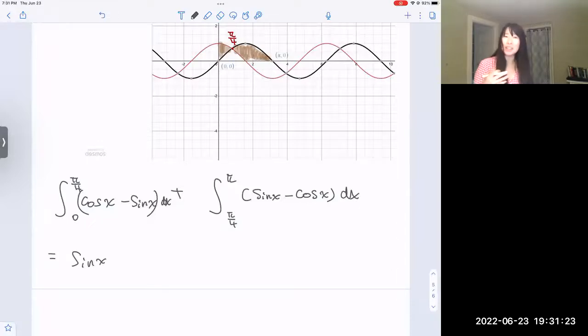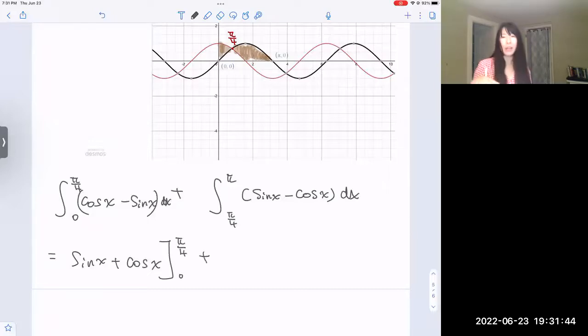What's the antiderivative of sine? Negative cosine, but we have a negative there, right? So positive cosine, good. Okay, and then we evaluate from 0 to pi over 4.